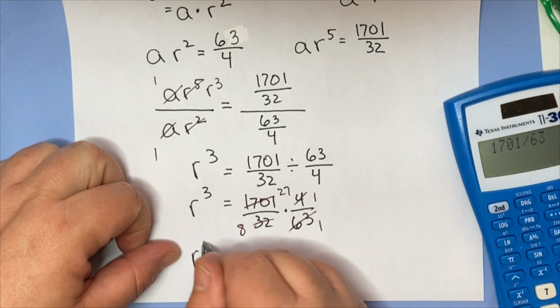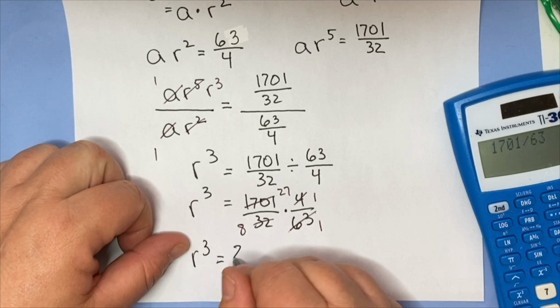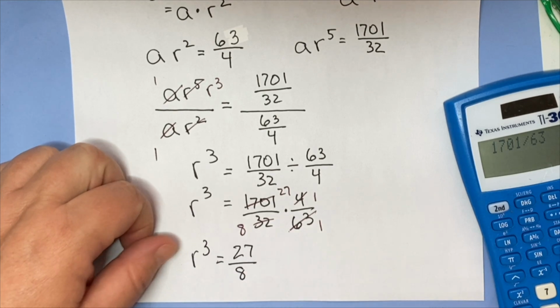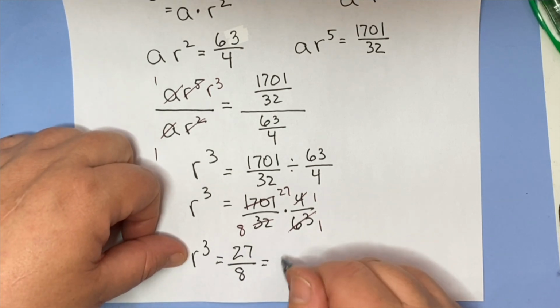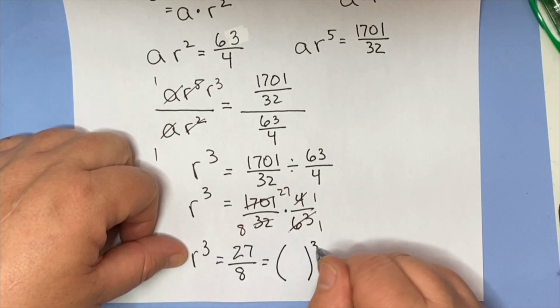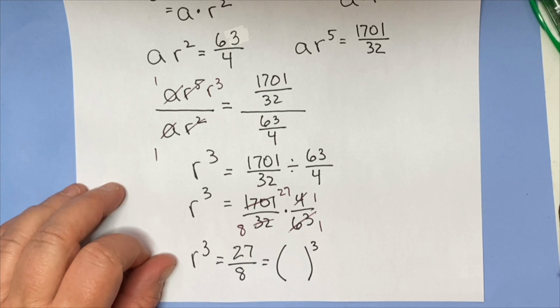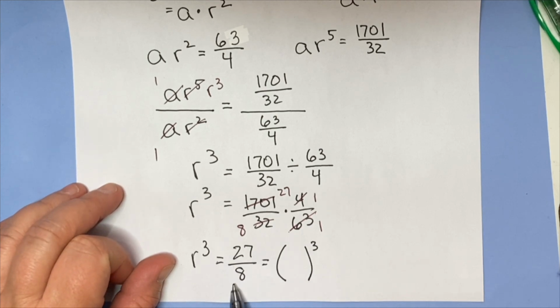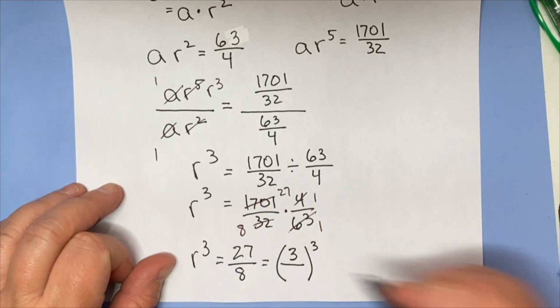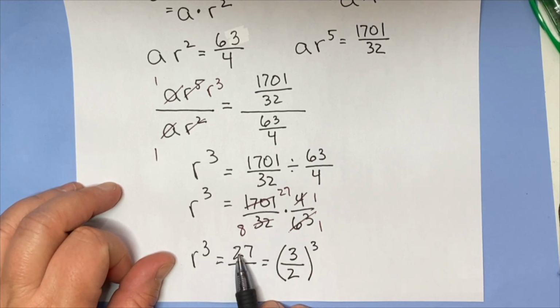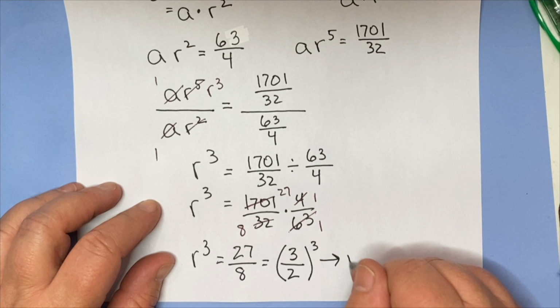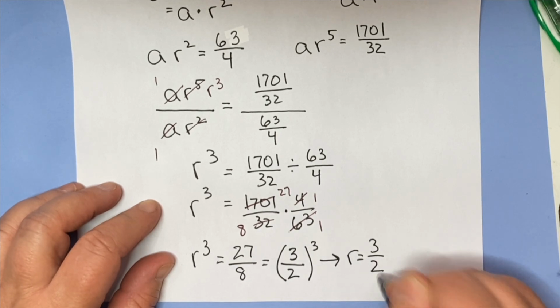So R cubed equals 27 over 8. Can we put that in cube form? If it's 27 over 8, that's 3 cubed over 2 cubed, right? Because 3 cubed is 27, 8 is 2 cubed. So if that's R cubed, then R equals 3 halves.